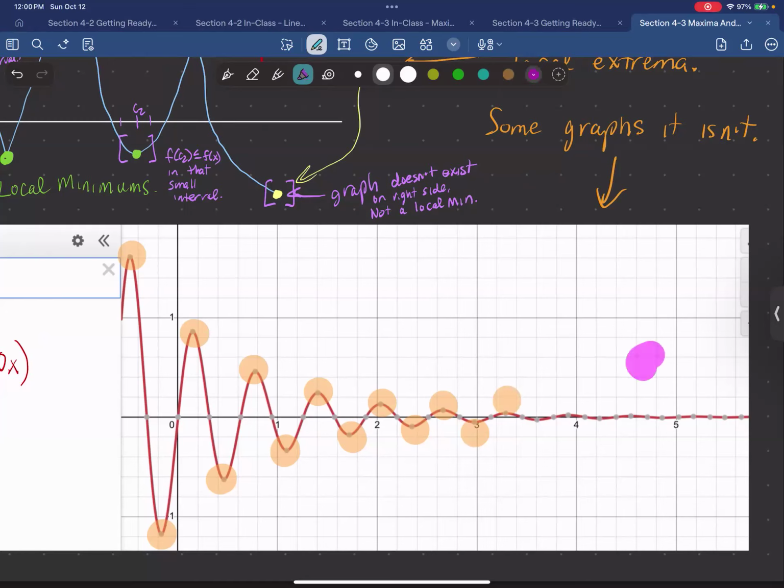What's going on here? We don't know what's going on here. Which are maxes, or just zeros?